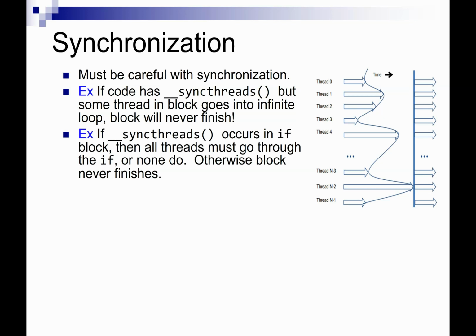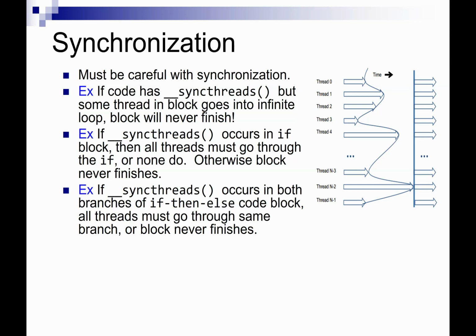You'll never have all the threads reaching the barrier, so all the threads will be blocked. So you have to make sure that the sync threads occurs in both branches, and that all the threads will go through the same branch.